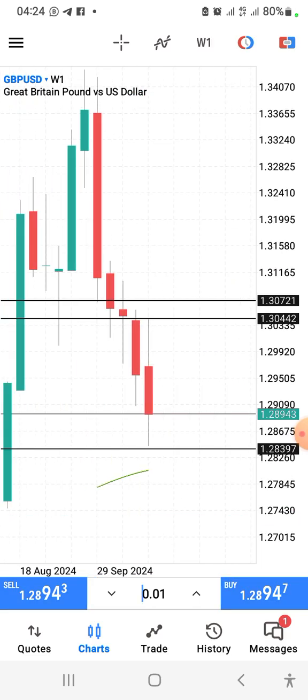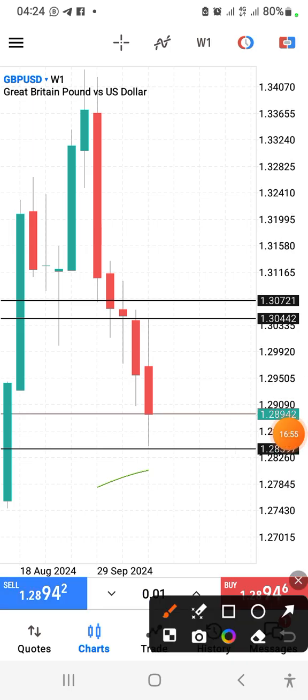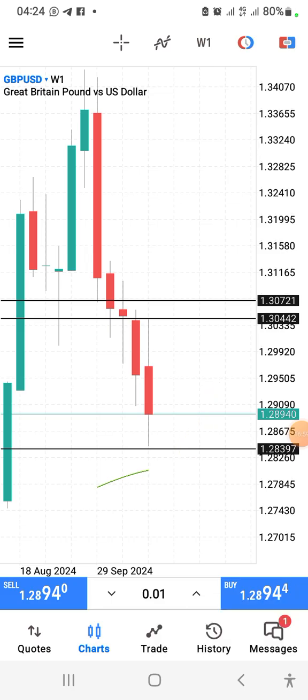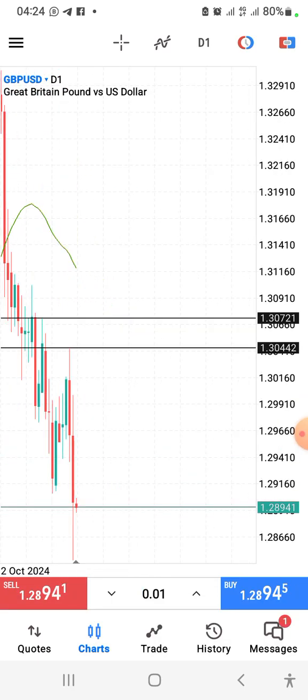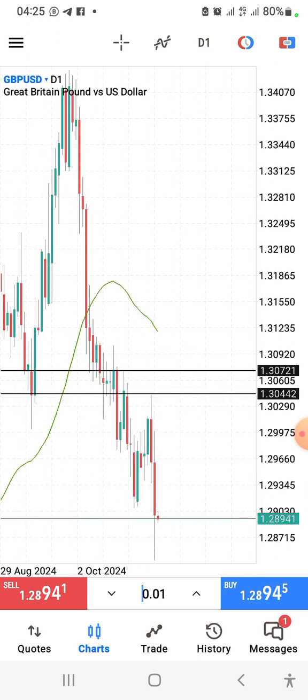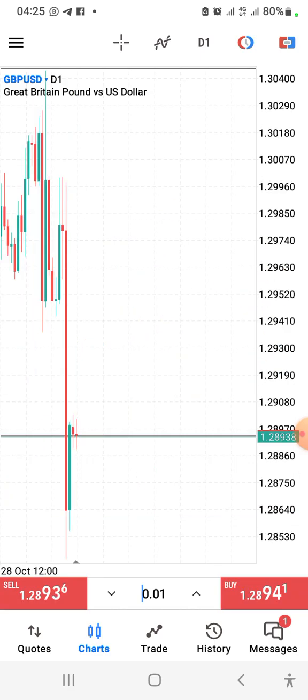The weekly is telling us we have to sell. You can see the moving average is telling us we have to buy at this area. And let's check the daily. The daily is telling us to sell. So you will now decide where you are going to take your trade.